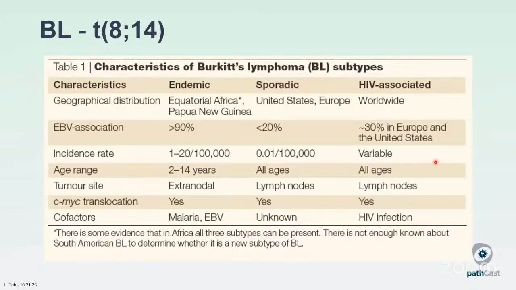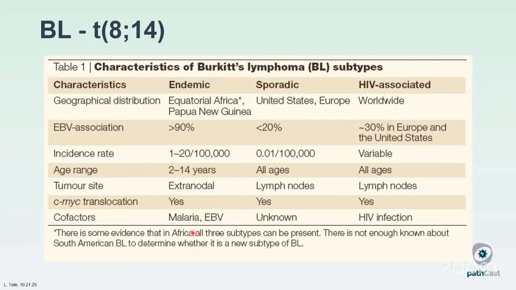As we know for Burkitt's lymphoma, in terms of molecular characteristics, we're often looking for the 8;14 translocation. And we do have what's thought to be 3 different descriptions or subtypes of Burkitt's lymphoma. The endemic are the ones that were particularly identified in the children of Uganda. About 90% of these are EBV associated, with a young age at diagnosis, typically at extranodal sites such as the jaw.